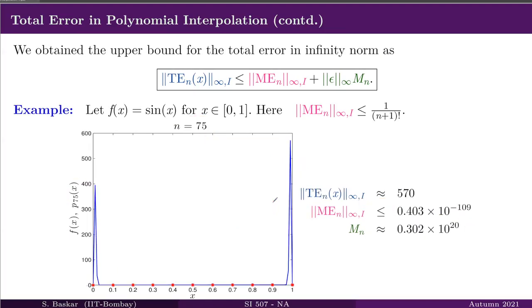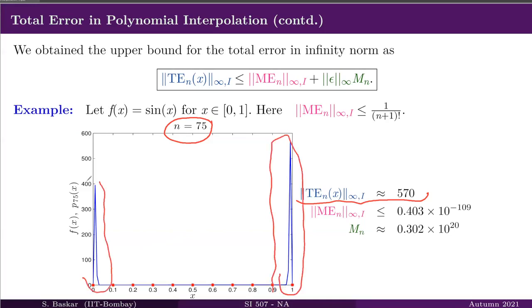Let us go on and compute the interpolating polynomial with n is equal to 75. You can see now the total error is 570. That's nowhere near what we would like to call an approximation to f of x. Again, you see the error is mainly popping up at the endpoints of the interval, right? Look at the mathematical error.